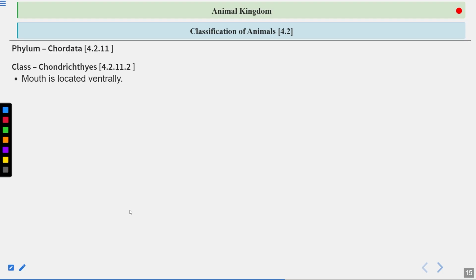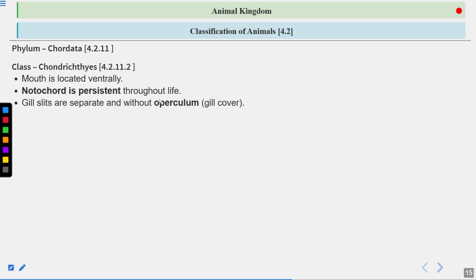It is not in the dorsal position, it is ventral in position. Notochord is persistent throughout life, meaning it is present throughout their life. It is not like they have it only in the larval stages. No, it is present throughout their life.